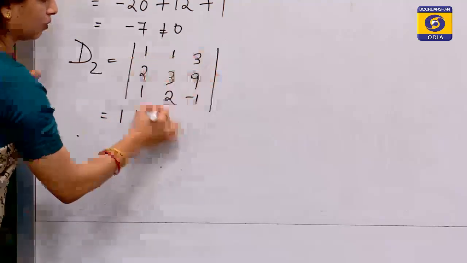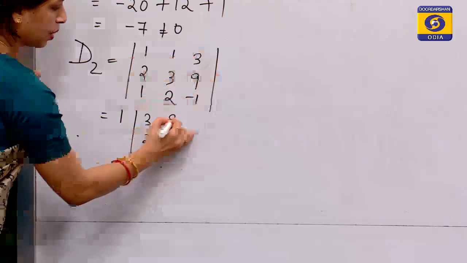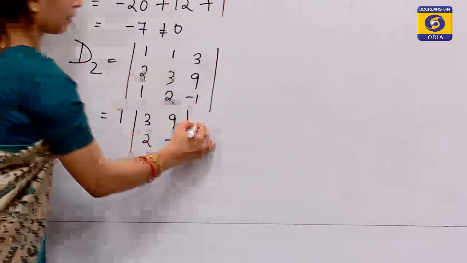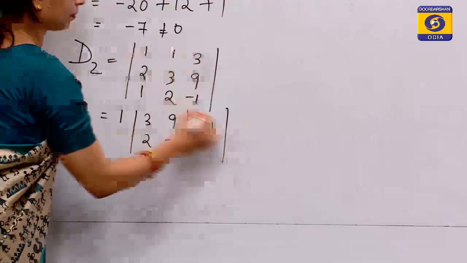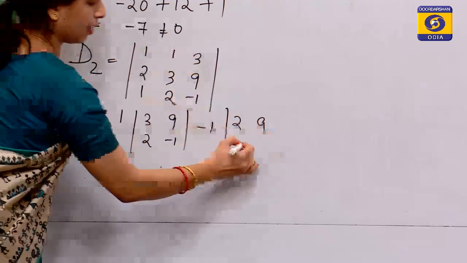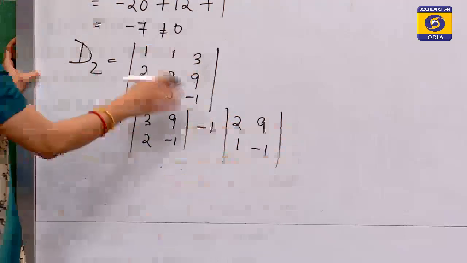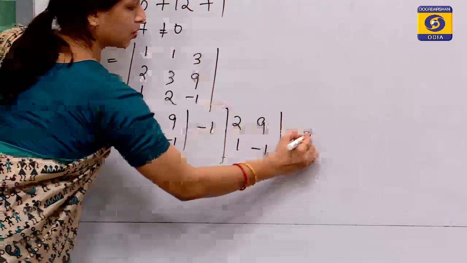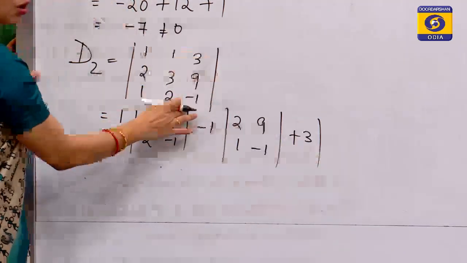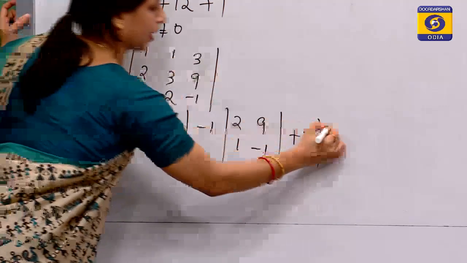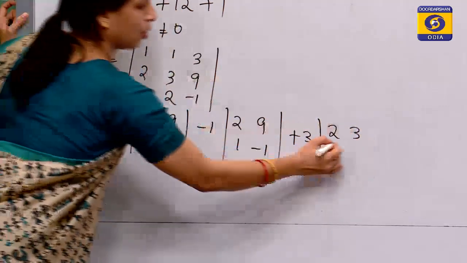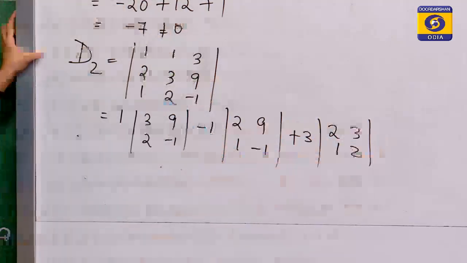So, again first row means 3, 2, 9 minus 1, again 2, 9 and 1 and minus 1, here 3. So, plus 3, deleting the row and the column in which it exists, the remaining second order determinant 2, 3 and 1 and 2.